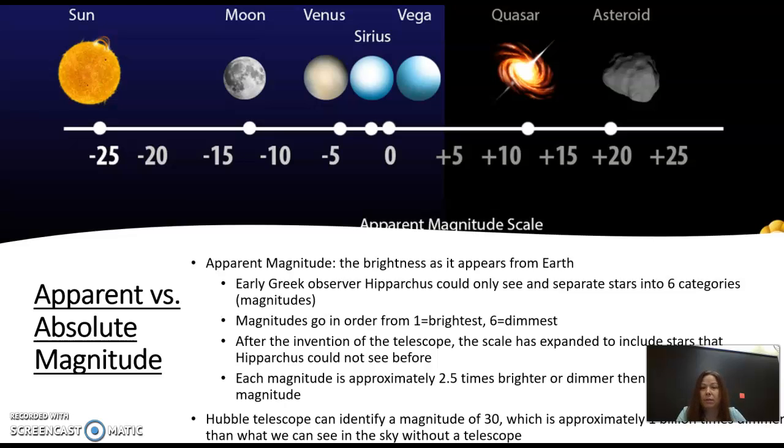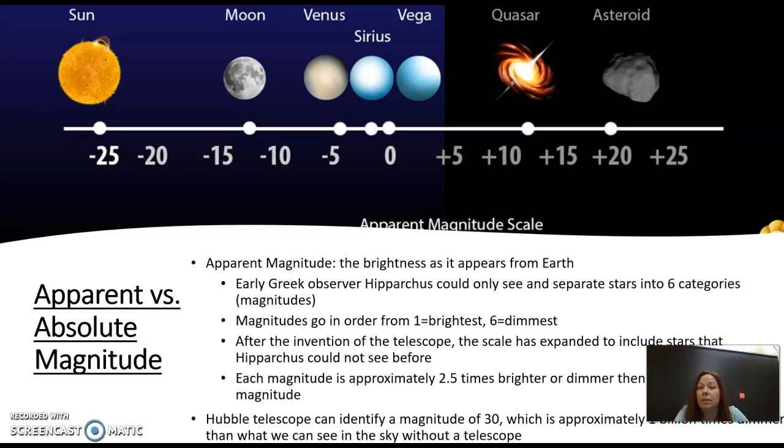After the invention of the telescope, the scale expanded to include stars that he couldn't see with his naked eye. Each magnitude is approximately 2.5 times brighter or dimmer than the star next to it. So if we have a magnitude of 2 and a magnitude of 3, one is 2.5 times brighter than the other one.